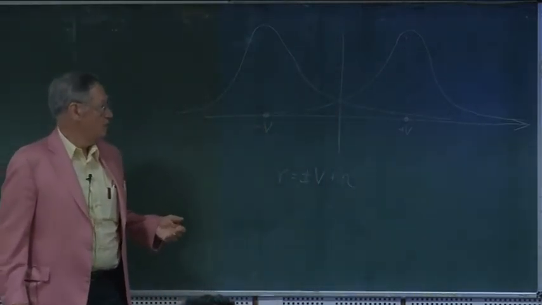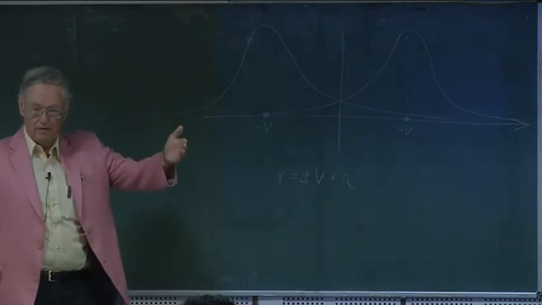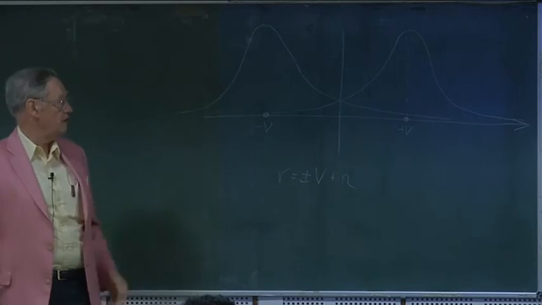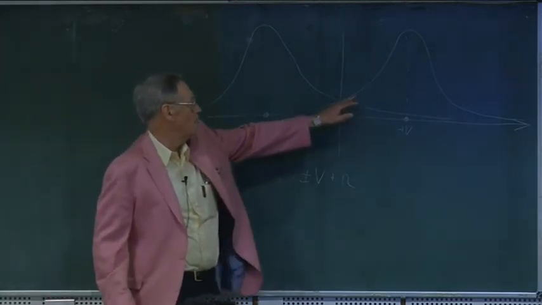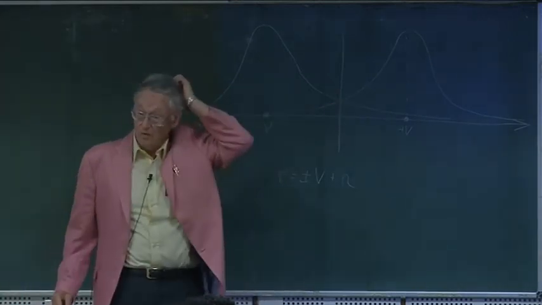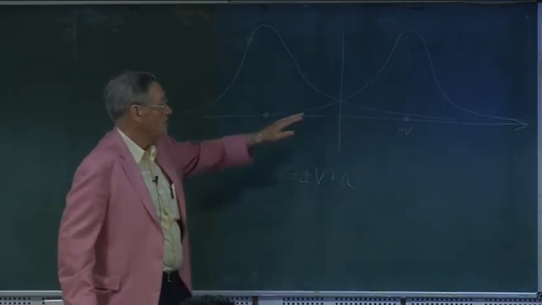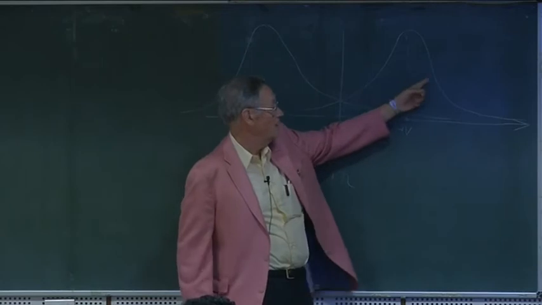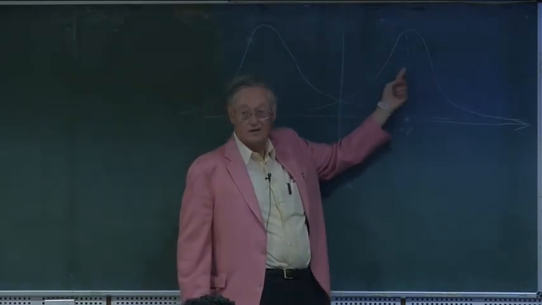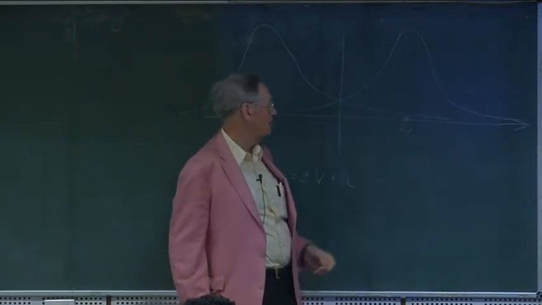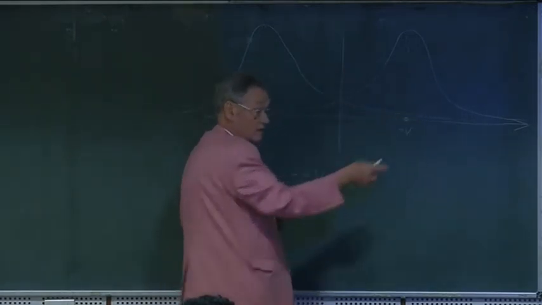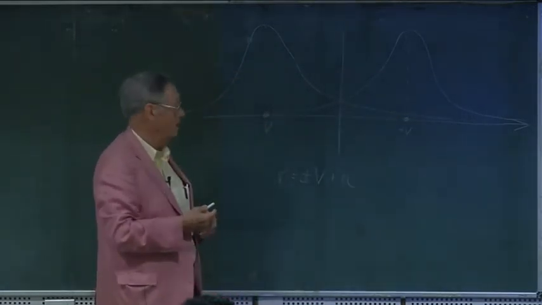And after you go through the matched filter and you take your sample, you're taking a sample of one of these two distributions. You don't know which one. Let's just say for the sake of argument that this is the distribution that you're sampling. These are PDFs, so the area under the PDF is 1.